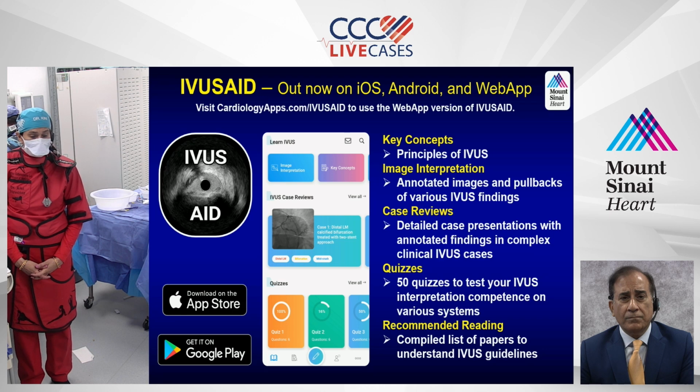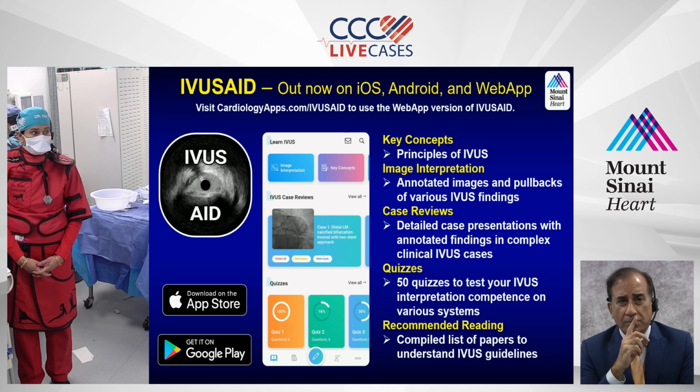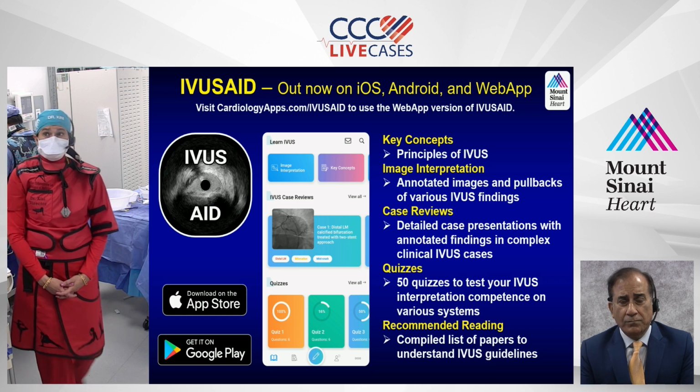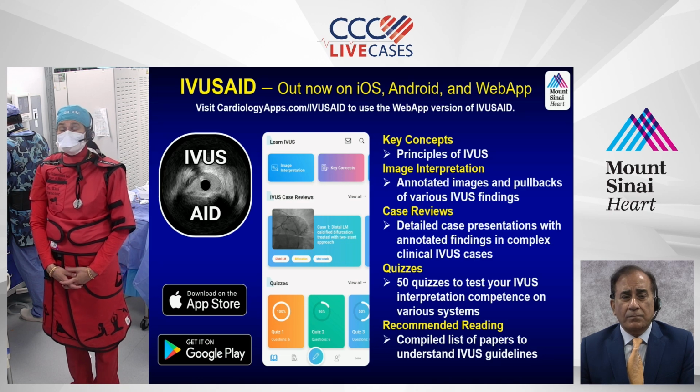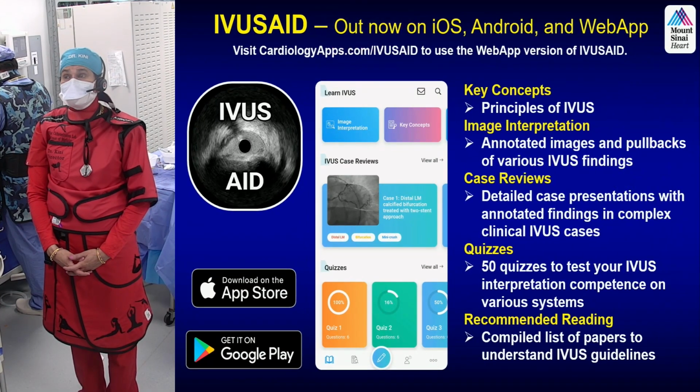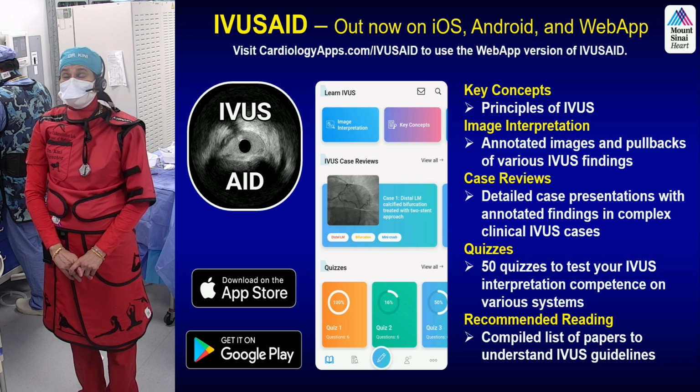One other app that we just released recently, within this month, was the IVUS app, IVUS Aid. Again, it is free to download on Android as well as Apple, and we have a web app also.